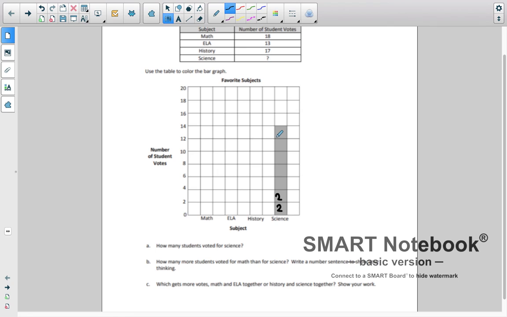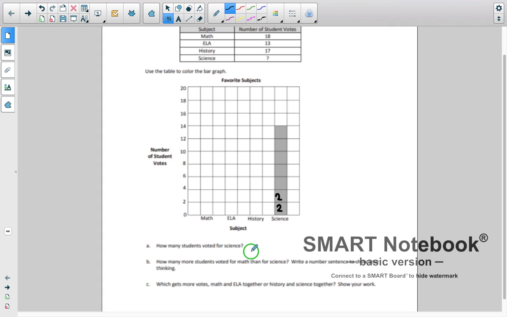Now, there are 2 ways to figure out how many students are for science. We can count by 2s all the way to the top of the gray squares, or we can look at the table and see where it lines up to how many students. So let's do both ways. I'm going to skip count by 2s for all the gray squares: 2, 4, 6, 8, 10, 12, 14.